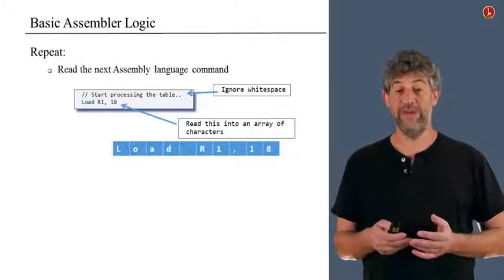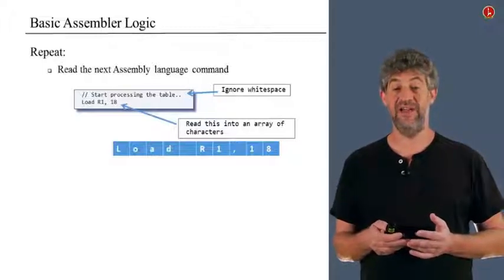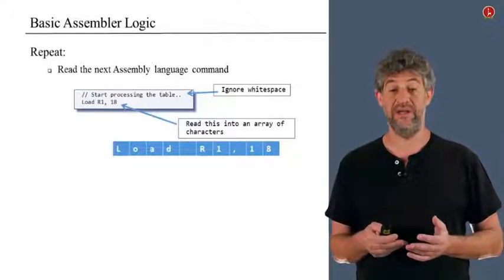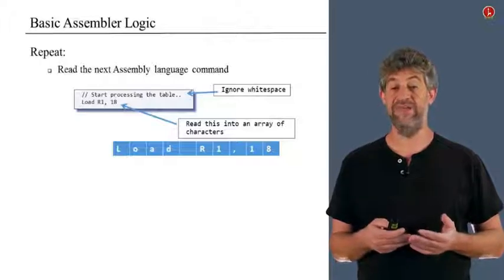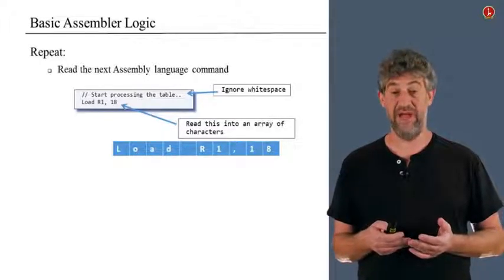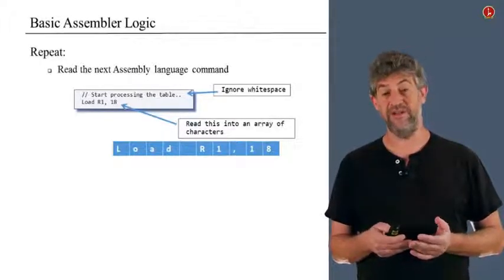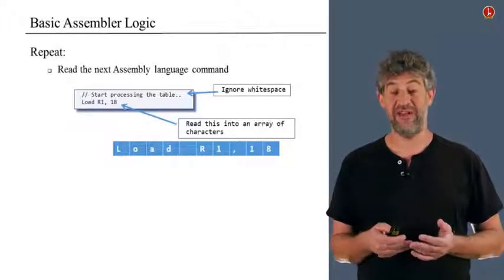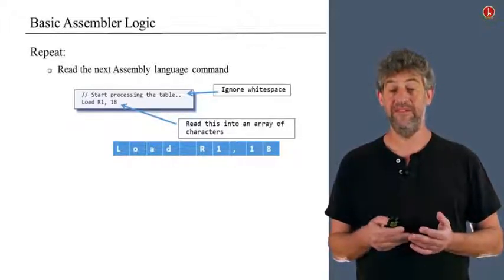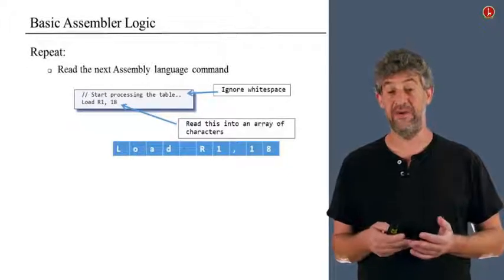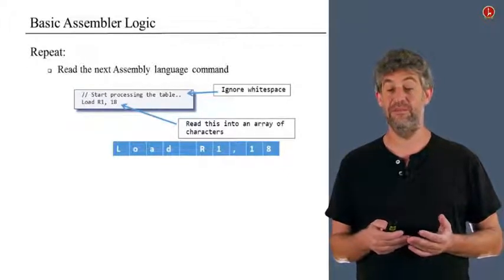So when we read from the file, let's say we have a command, load R1 18, and this is just a fictional assembly language. Later, in the next unit, we'll start actually talking about the Hack language specifically, but in this unit, I'm still focusing on a generic assembler program.